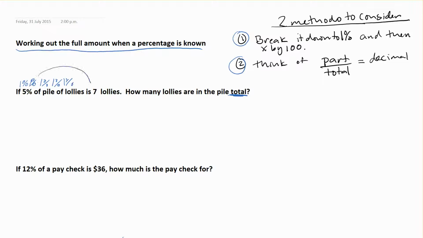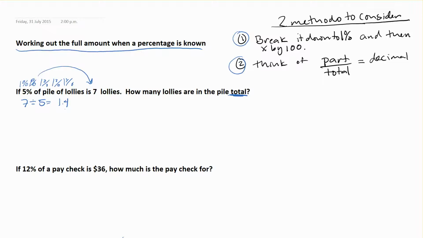If we think about trying to break 7 up into 5 equal chunks, you're going to find out how much just one percentage is. And we can do that by division. So 7 divided by 5 gets you 1.4. And so that tells us that 1.4 is equal to 1% of the entire pile.